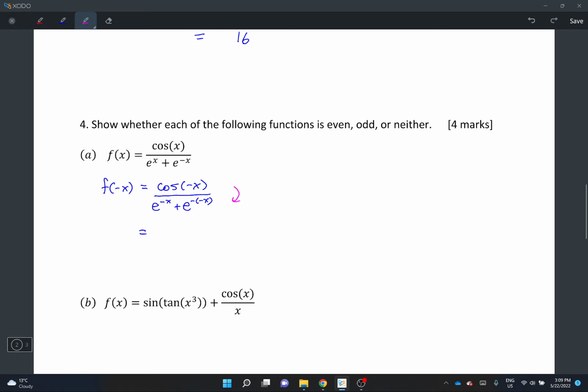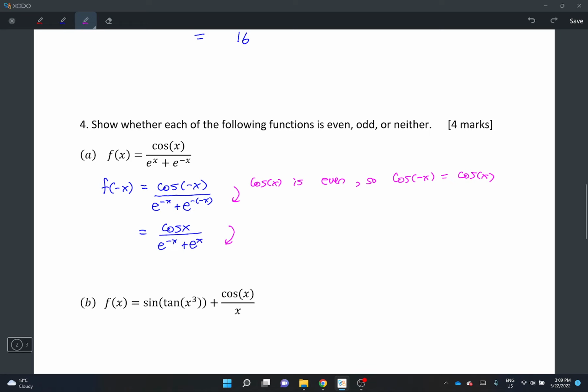One comment is that cosine of x is even. So cos of negative x is equal to cos of positive x. So we have cosine of positive x over e to the negative x plus e to the positive x.